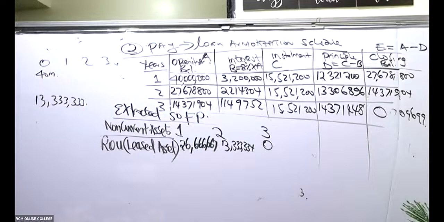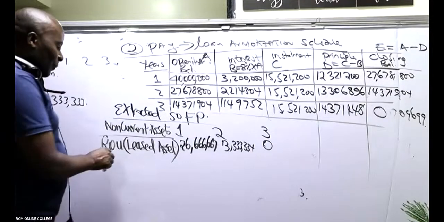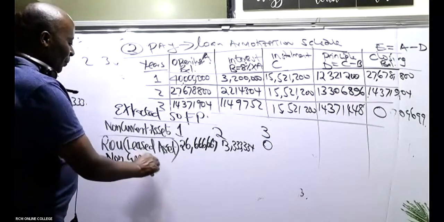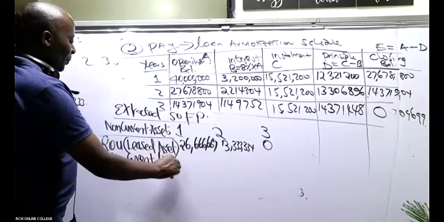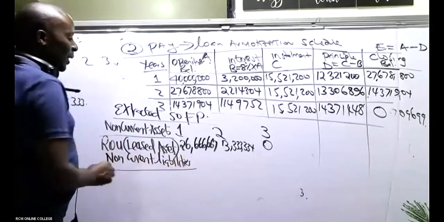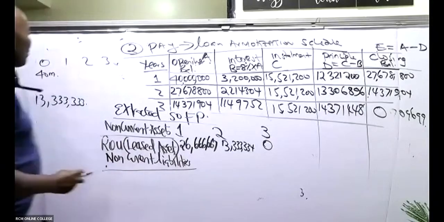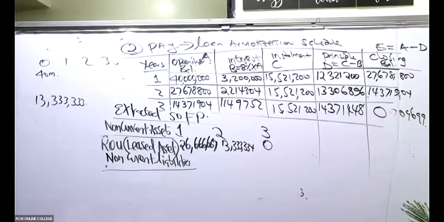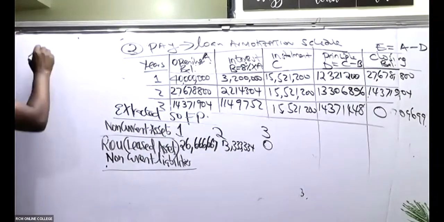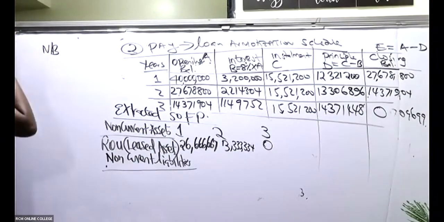Now from there we got the liabilities. I will start with non-current liabilities. Remember, here you must state a note. What is the note?